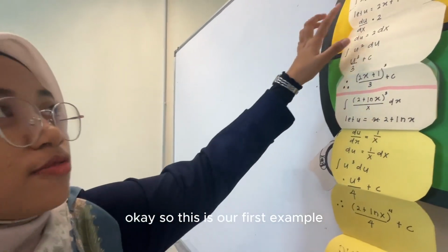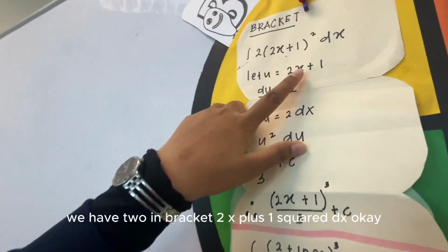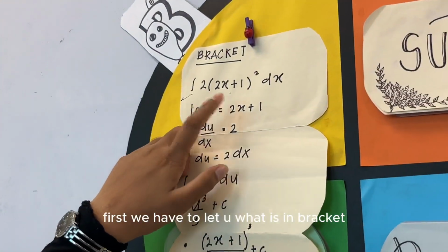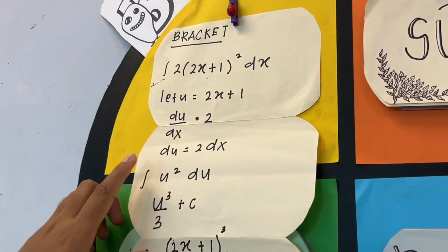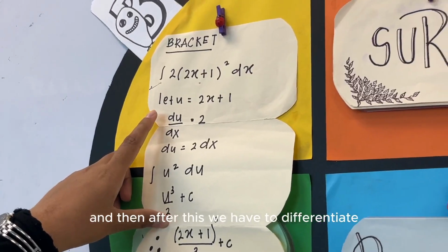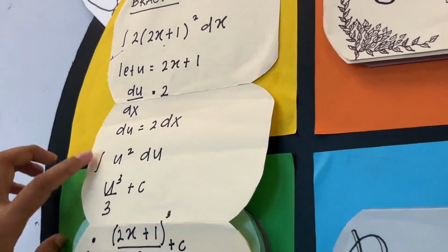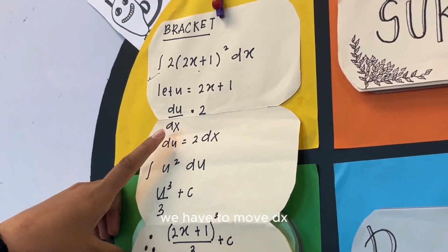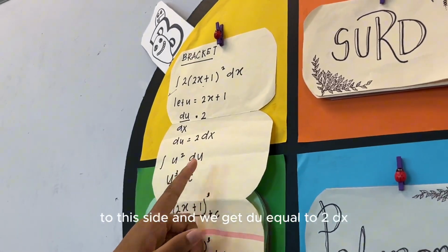Okay, so this is our first example. We have 2 (2x plus 1) squared dx. First we have to let u be what is in the bracket, so we get u equals 2x plus 1, and then we differentiate and we get 2. Then we move dx to this side and we get du equal to 2 dx.